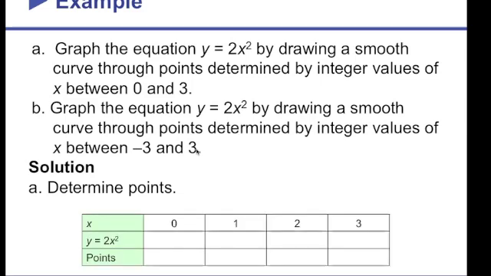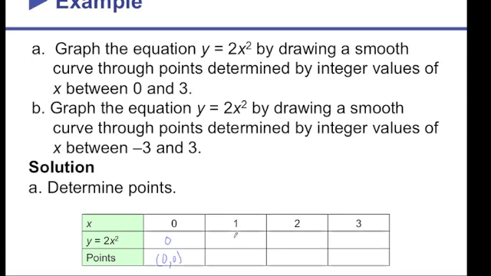First, determining the points for A. If x equals 0, 0 squared is 0 times 2 would be 0, so the point would be 0, 0.